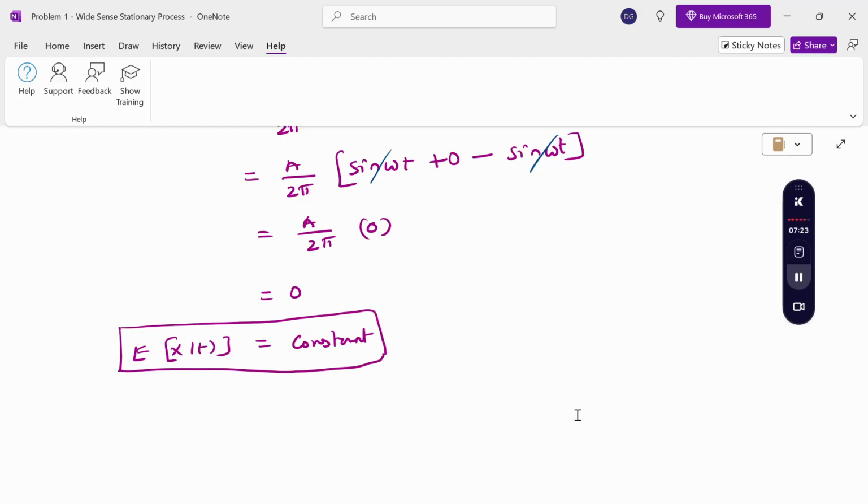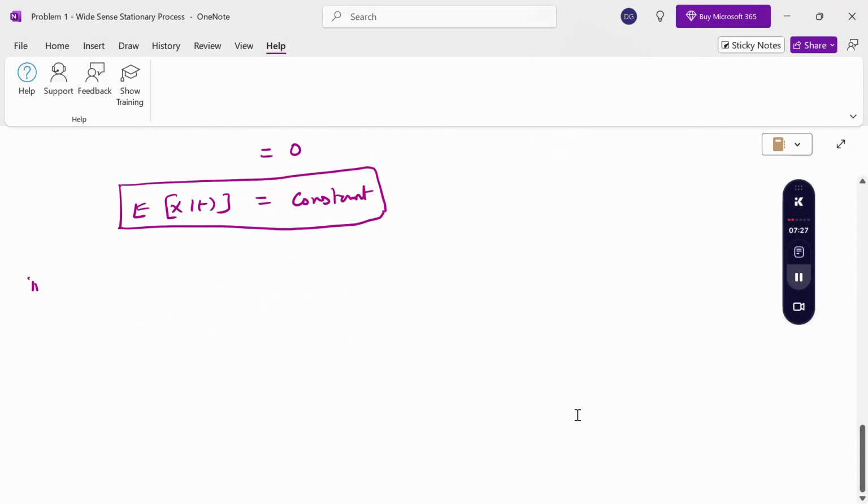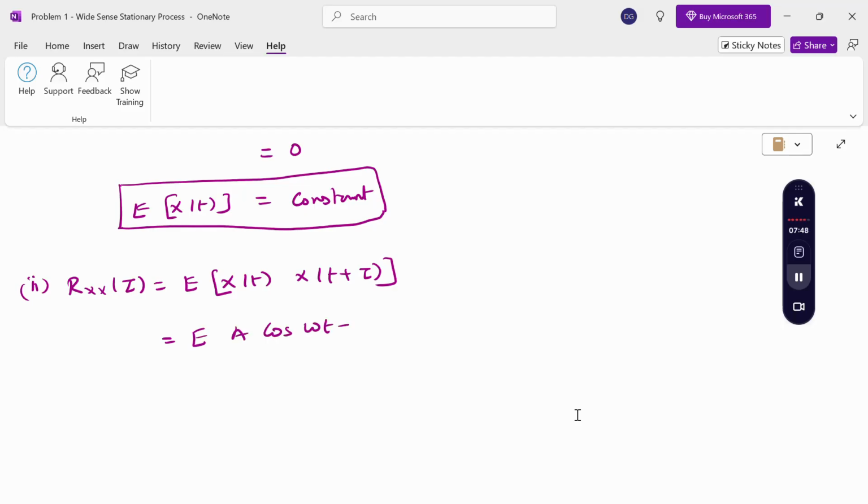Now, to prove the second condition, the autocorrelation function R_XX(τ). The autocorrelation function is the expectation of X(t) X(t + τ). Therefore, substitute the X(t) value, A cos(ωt + θ).